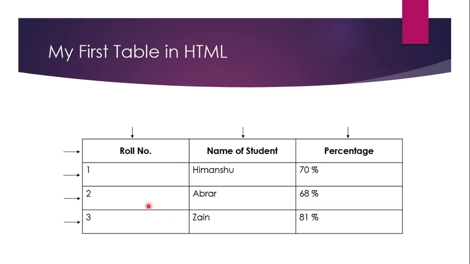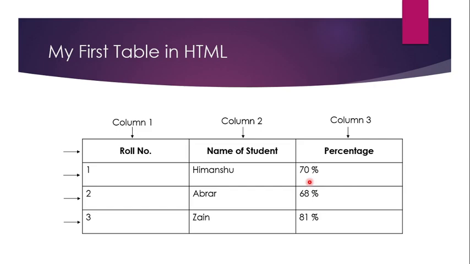Before going there, I want all of you to give me the answers: which ones are the columns and which ones are the rows. Can you please tell me how many columns are there? Yes, there are 3 columns. Column number 1, column number 2, column number 3.